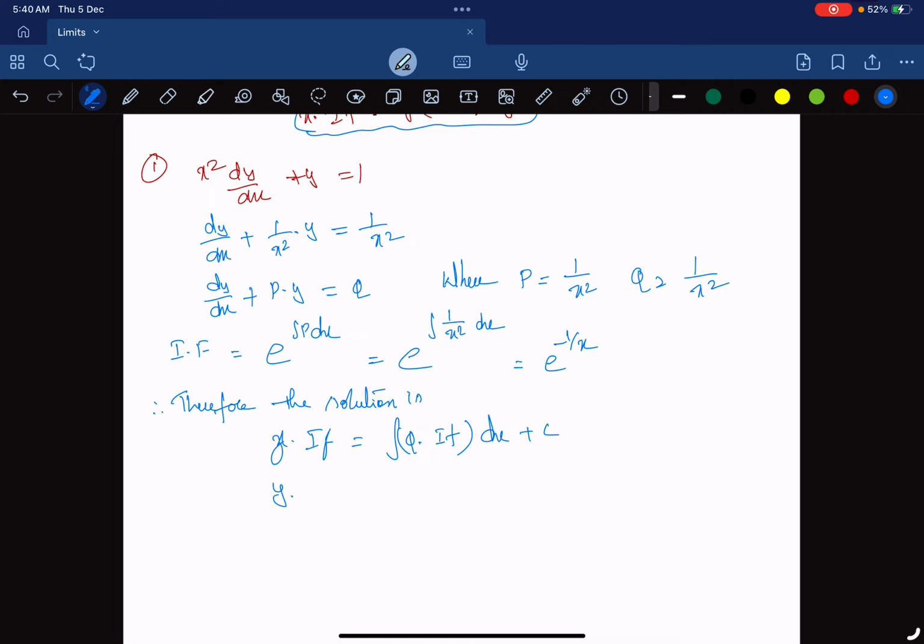So y into e power minus 1 by x is equal to the integral of 1 by x square e power minus 1 by x dx plus c.